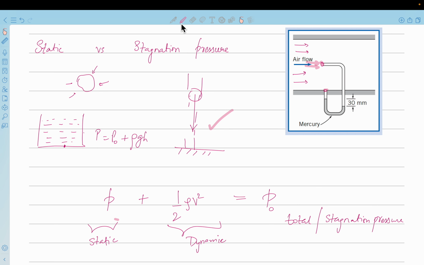You can imagine that you zoom into this location. Actually the fluid is moving like this, but the molecules are moving very randomly. So whatever is experienced here is only the pressure because of the random motion of molecules. This is the static pressure we are talking about. So is it clear why we measure static here and stagnation over here?